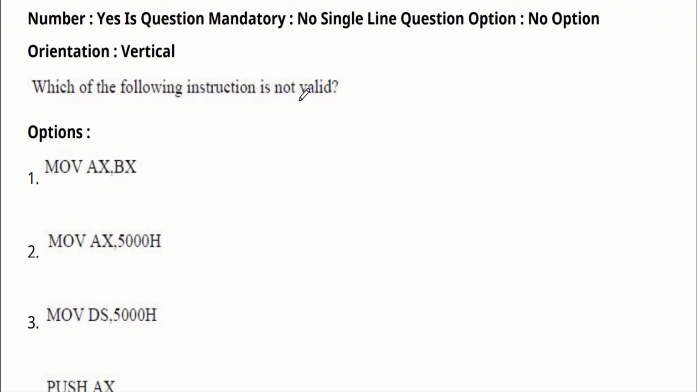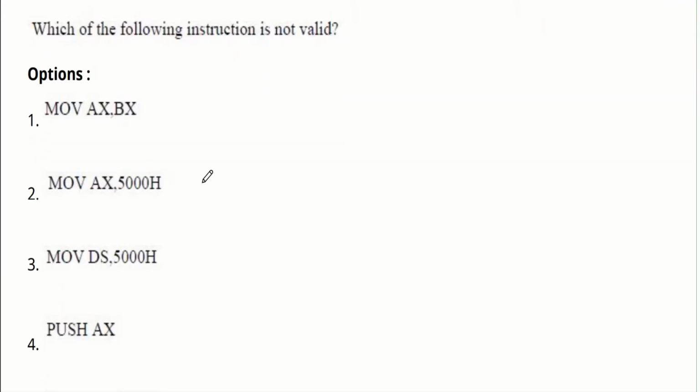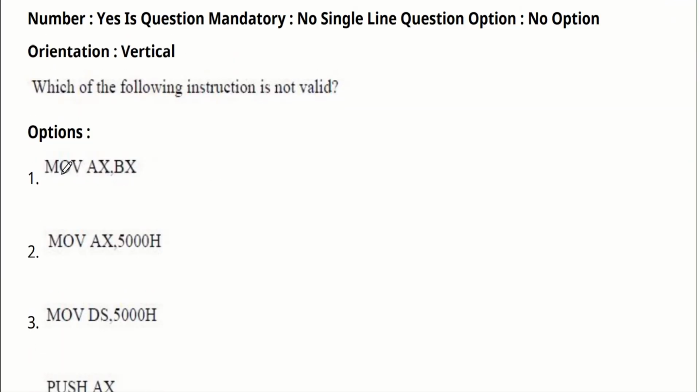Which of the following instructions is not valid? You can see MOV AX, BX: these are registers, and we can use these registers for moving. Here, given an operand, it also works.